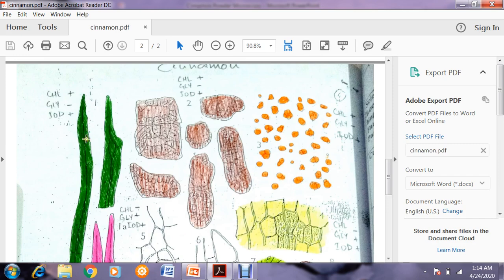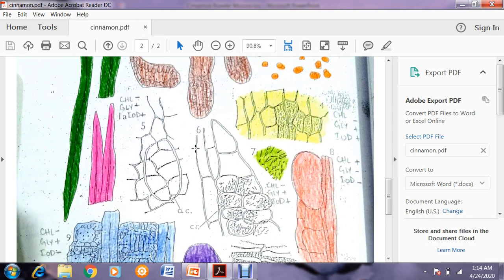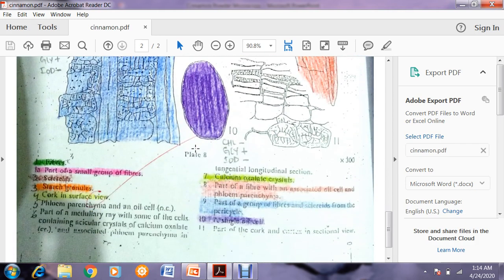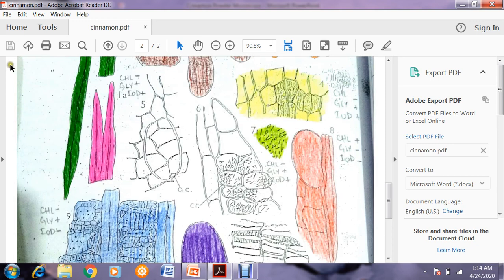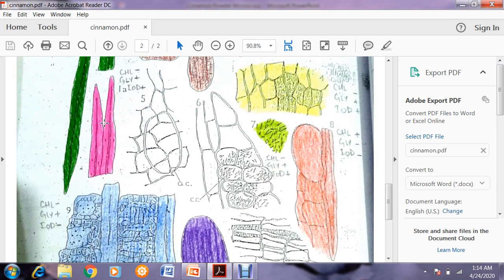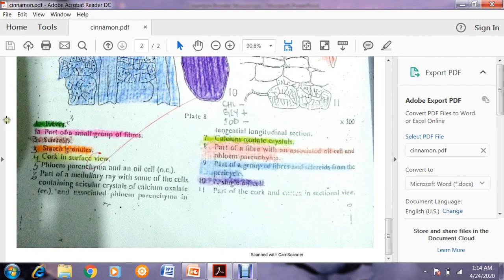and it has been colored green, and below it the detailed description of the feature is given: the green number one feature indicates the presence of fiber, and 1A, what is this in pink color? It is part of a small group of fiber.